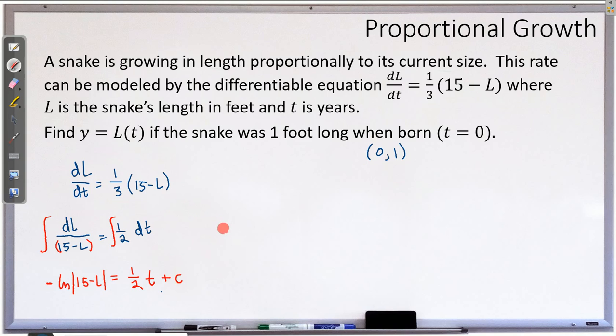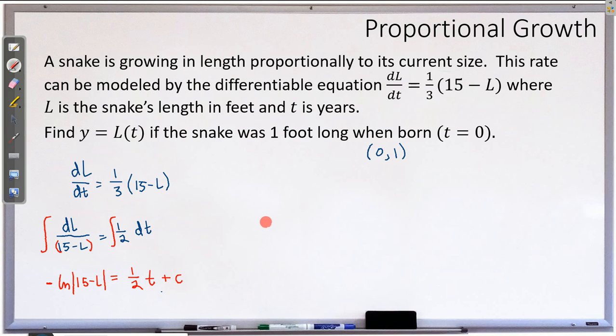So now that we have all that, let's get L by itself. Although, what is going to happen with this negative? It's a little unclear what happens with the negative, and so right now it might be a good option just to plug in our point. That might give us an easier path.